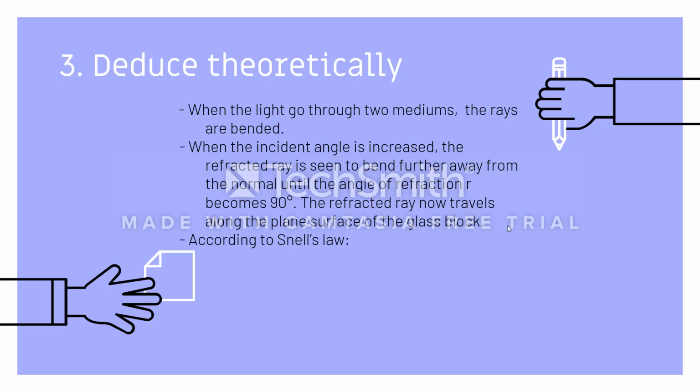And according to Snell's law, the critical angle C can be calculated: sin C equals n2 divided by n1.